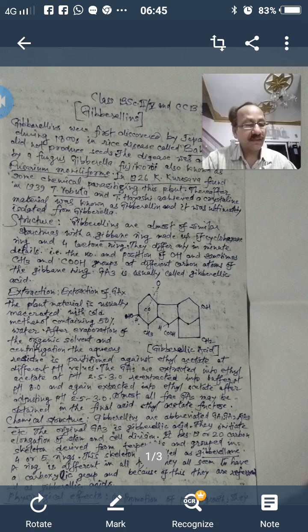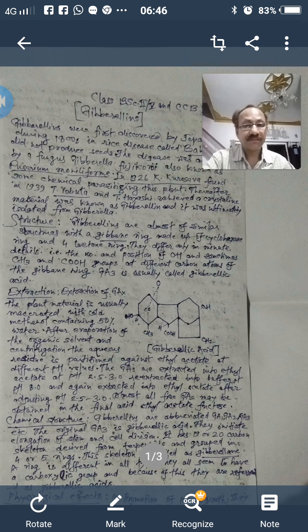The GAs are extracted into ethyl acetate at pH 2.5 to 3.0, re-extracted into buffer at pH 8.0, and again extracted into ethyl acetate after adjusting the pH to 2.5 to 3.0. Almost all free GAs may be obtained in the final ethyl acetate.